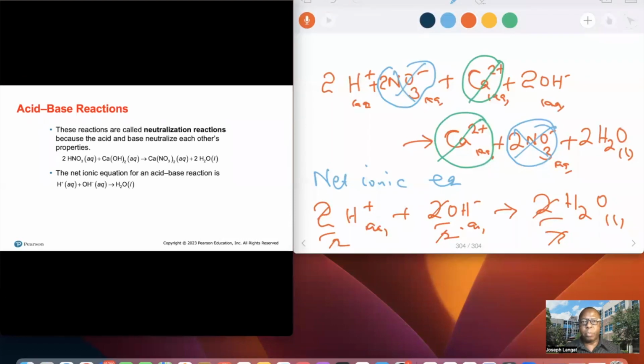You need to balance the molecular equation, split the aqueous in the molecular equation, and cancel the spectator ions on either side in order to end up with the net ionic equation. Revisit again from the last section, part B.